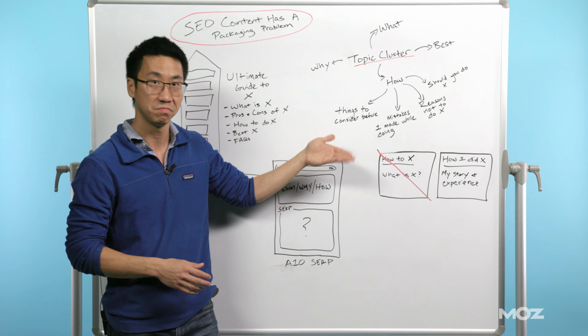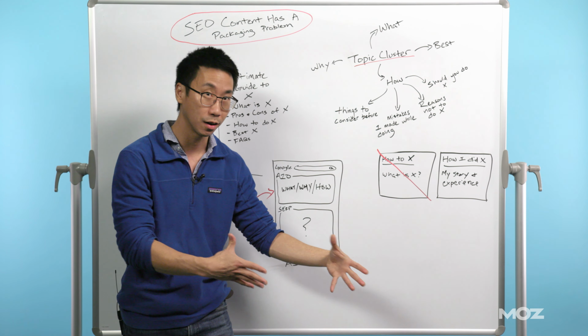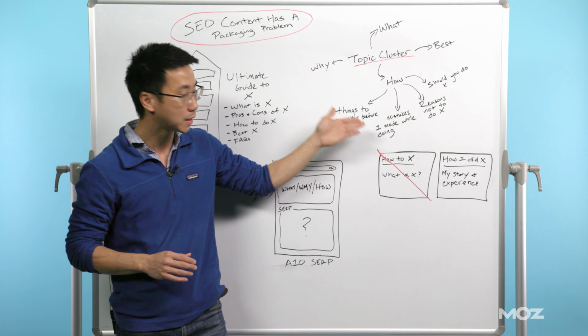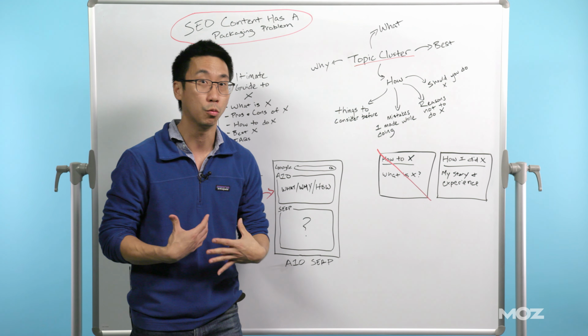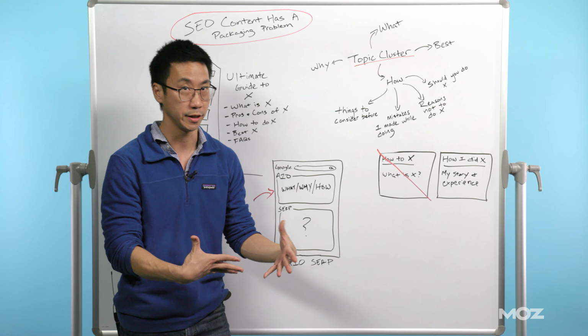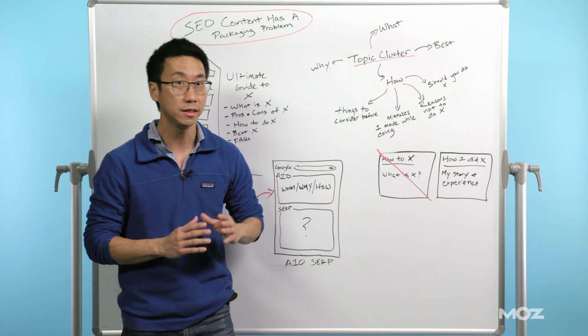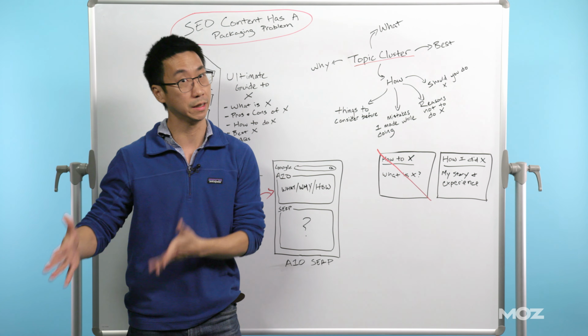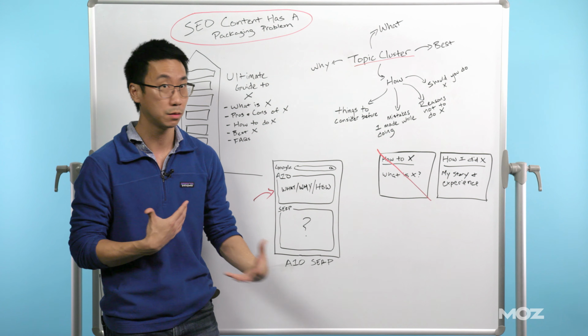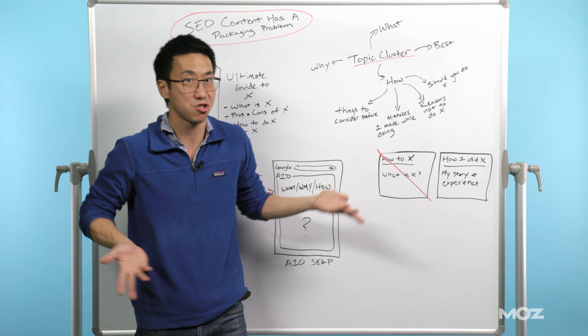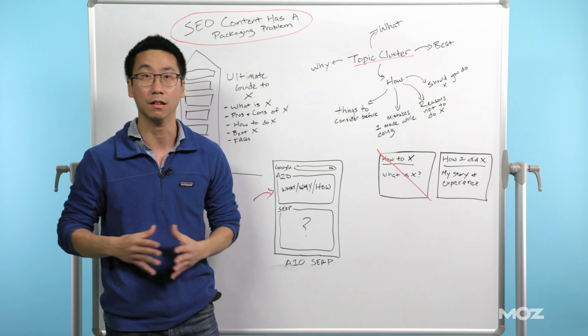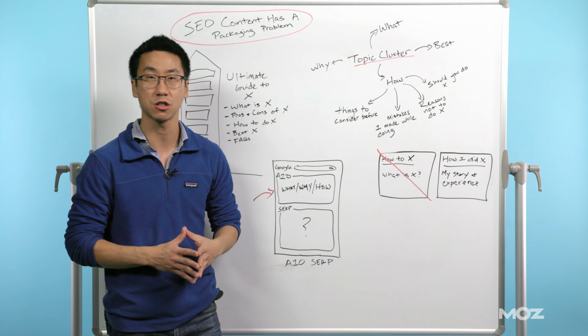Things like what to consider before training for a marathon, mistakes I made while starting a particular diet, reasons not to do email marketing or TikTok marketing, and should I even get into SEO in this day and age?